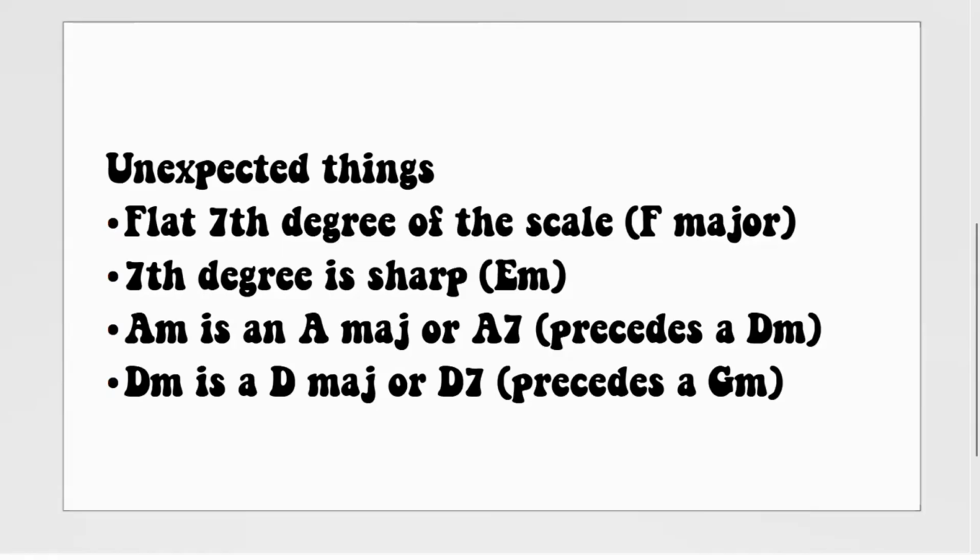And then where we would normally expect to see an A minor, and this will also be in the key of F, the A minor is actually an A major or an A7, and in this case it always or almost always precedes a D minor chord. And where we would normally see a D minor chord in some other songs, the D minor is actually a D major or a D7, and that always precedes a G minor, and we'll see why. And these are things that we'll see over and over again.